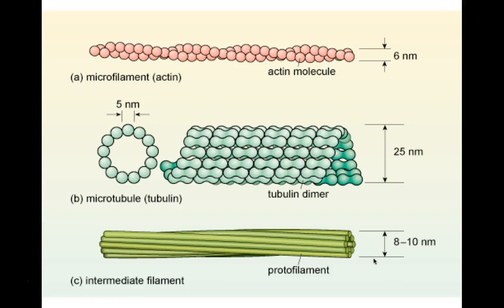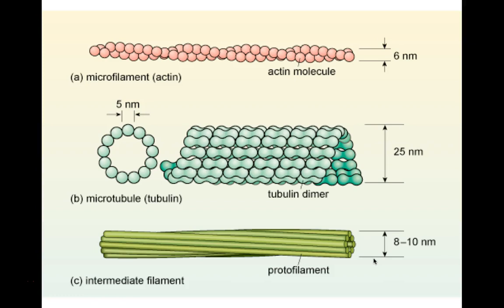When you look at a cross-section of a microtubule, you can see the empty hollow center. Sometimes there are additional materials inside these centers, but usually we think of a microtubule as being a hollow tube with the tubulin dimers forming the wall or the outer surface of the microtubule. It's the largest of the two. Actin's the smallest. You can see the diameter of actin is 6 nanometers, where the microtubule diameter is 25 nanometers.